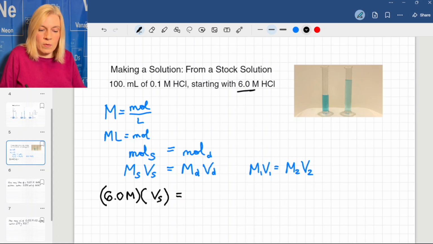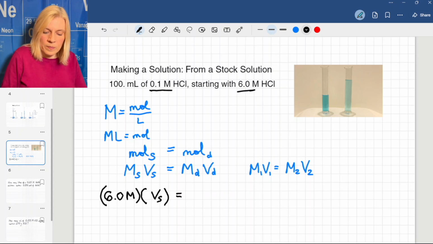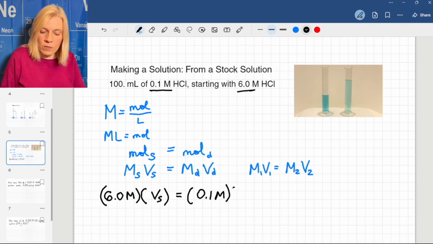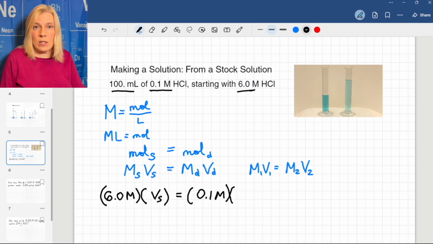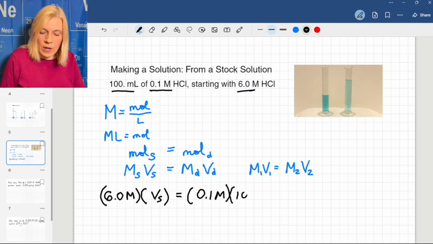Do I know now molarity of my dilute solution? Yes, right there. So we have 0.1 molar. And do I know the volume? Here it is, 100 mL. Now you can put this in liters or milliliters. As long as the units are consistent, you are okay. So I'm going to put that 100 milliliters.